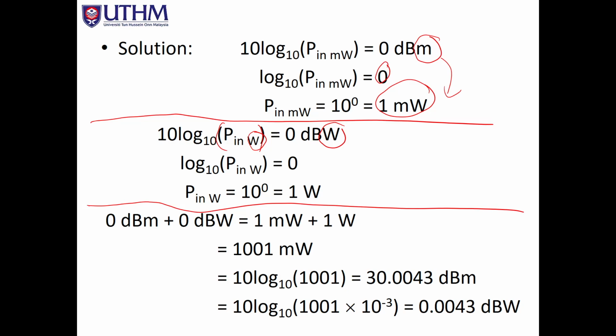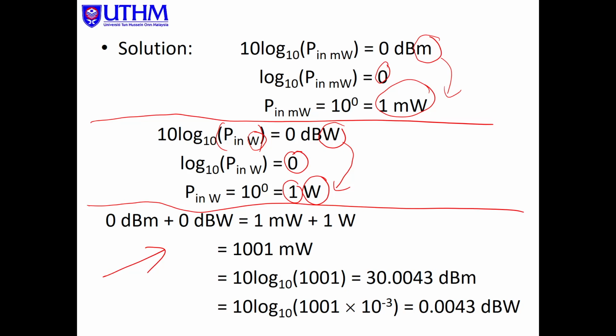Divide with 10, you get 0, and then anti-log of 0, you get 1, but this one must be in terms of watt, because we convert from dBW. Then you can do the direct summation. So 0 dBm plus 0 dBW is equivalent to 1 milliwatt plus 1 watt.